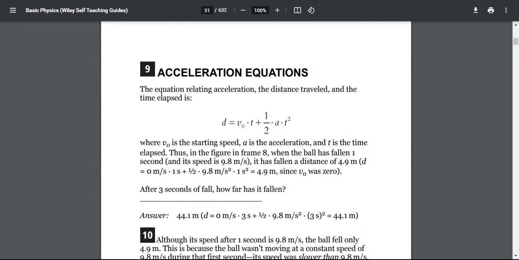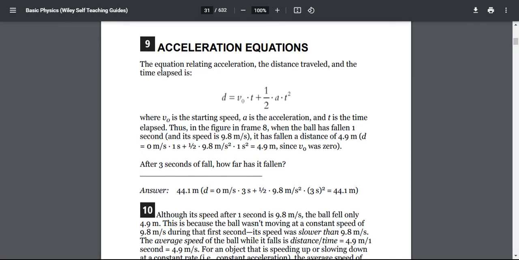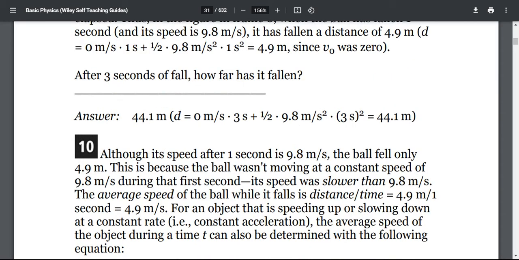Why? Because the starting speed is 0, the time is 1 second, and the acceleration is 9.8 m/s². We put all of these values into our equation, d = v0 t + 1/2 a t². What do we get? We get 4.9 m. Although its speed after 1 second is 9.8 m/s, remember the ball fell only 4.9 m in that 1 second, because the ball wasn't moving at a constant speed.